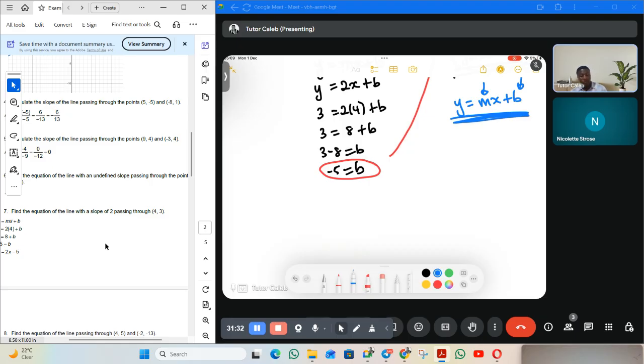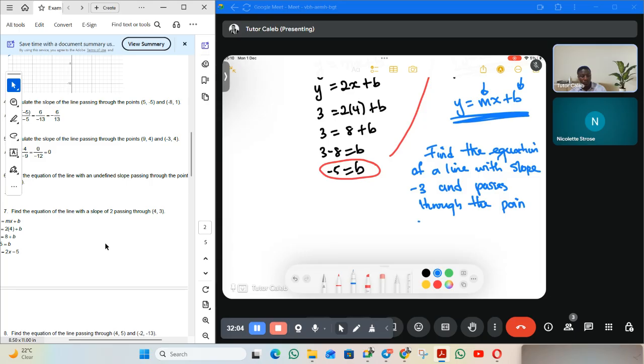Find the equation of a line with slope -3 and passes through the point (-1, 4).